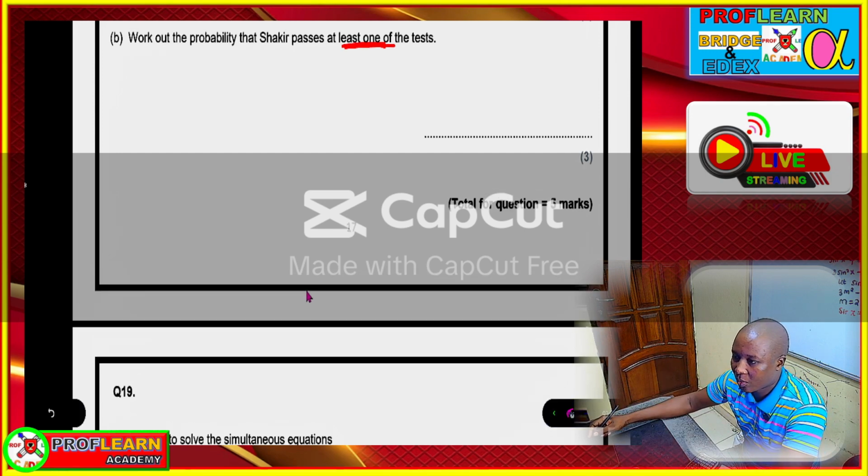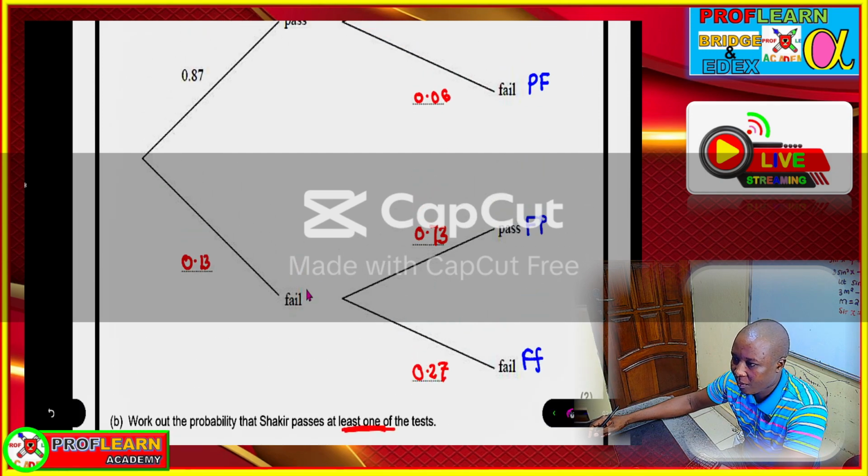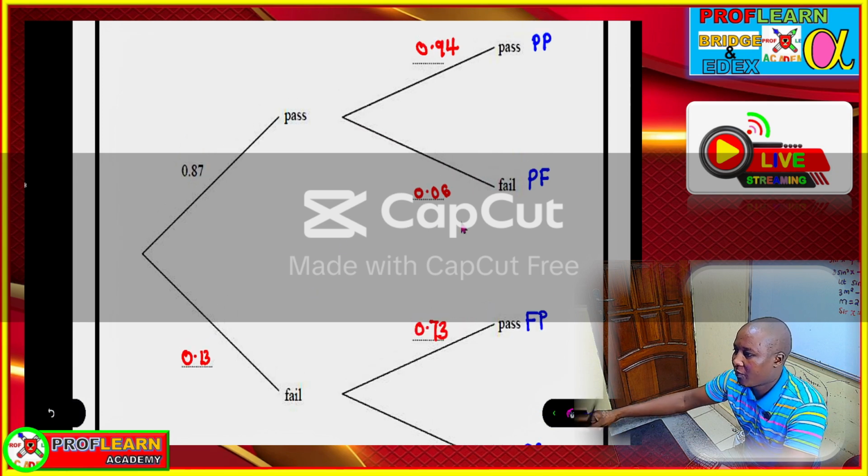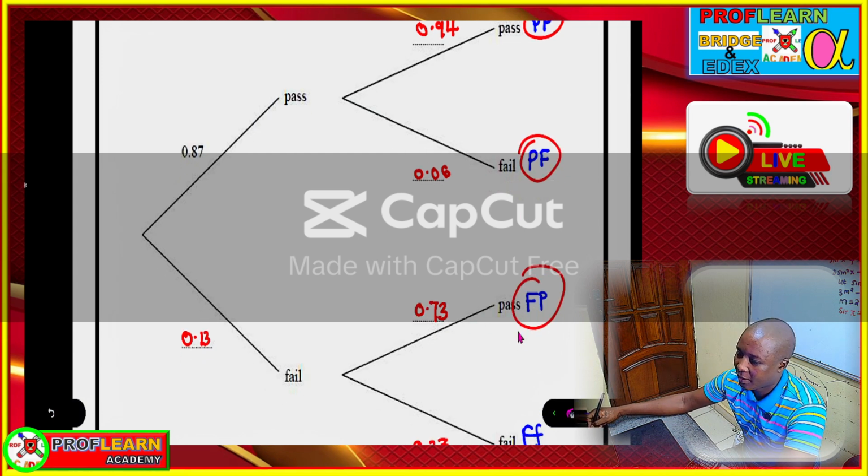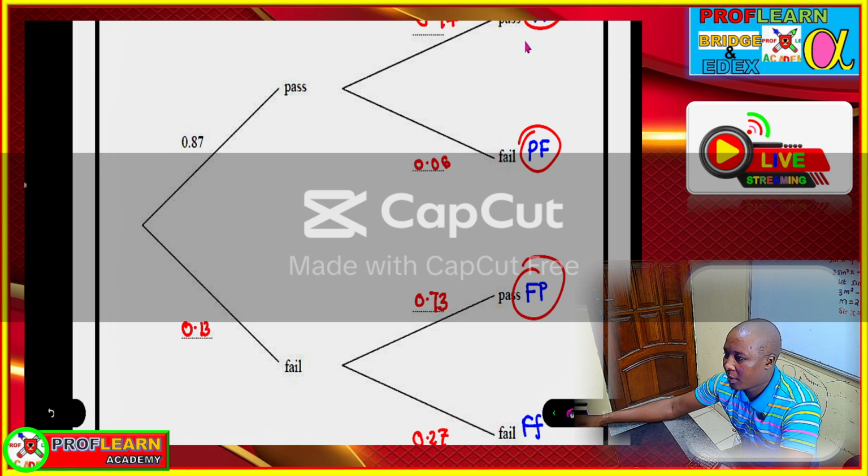So we are going to consider which parts of the probability tree diagram. This one, passing, passing, at least passing that, and also passing here. So for this part it will be 0.87 times 0.94.